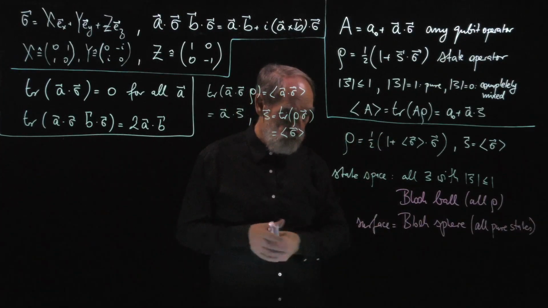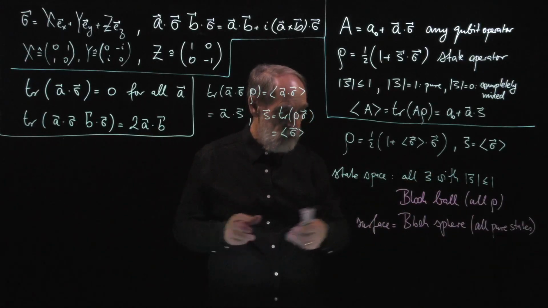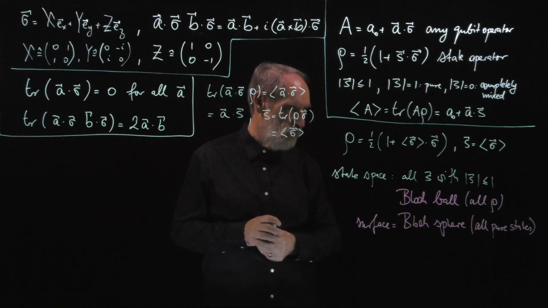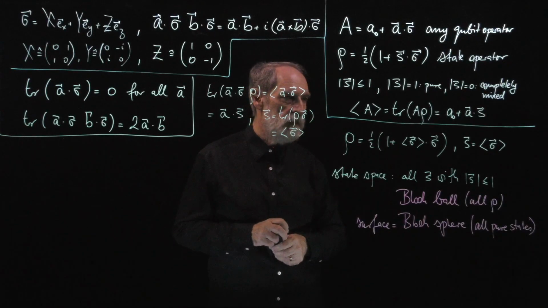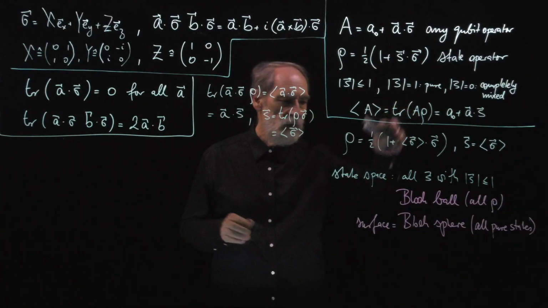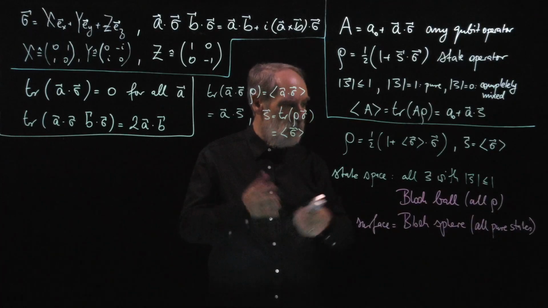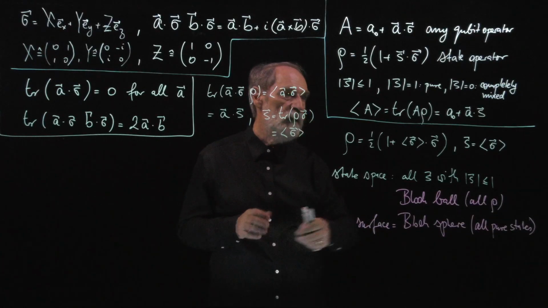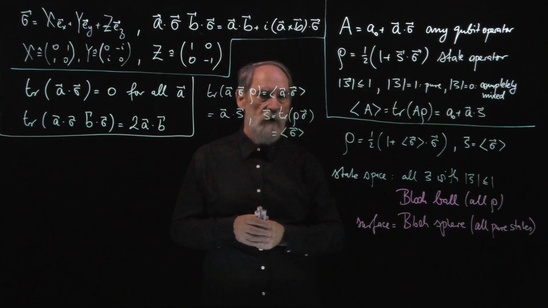It's just a three-dimensional ball of unit radius, which is this length restriction on the vectors. The pure states that go with the vectors that have unit length are sitting on the surface of the ball, the Bloch sphere. The mixed states are inside, and the completely mixed state, which has the Bloch vector of 0 length, is just at the center of the Bloch ball.